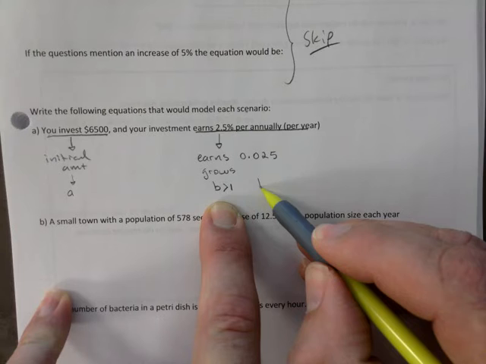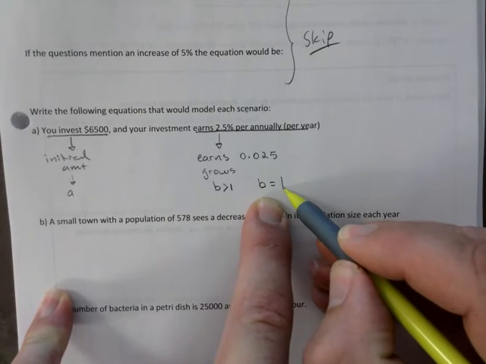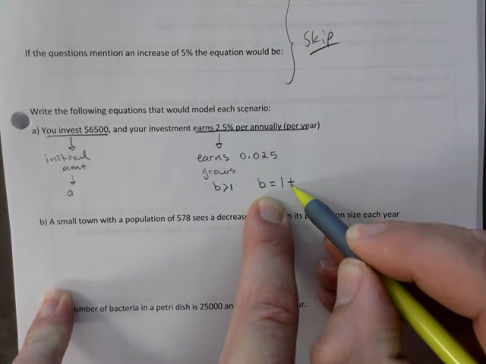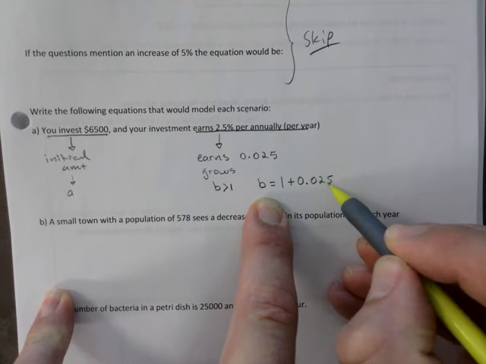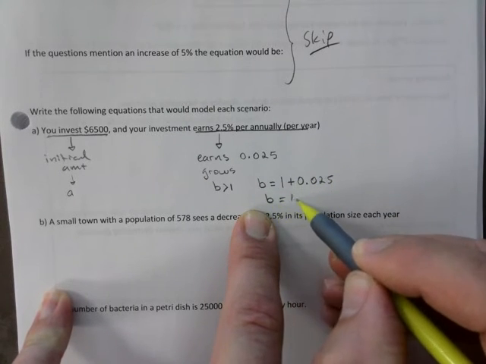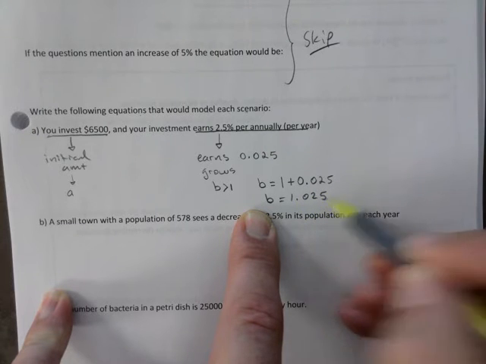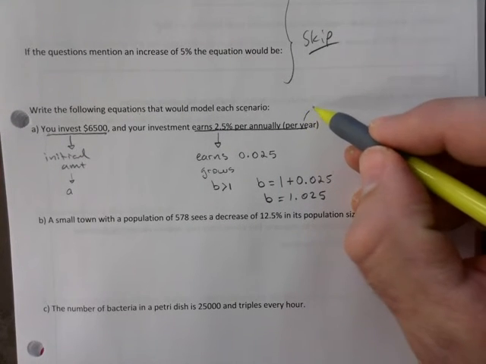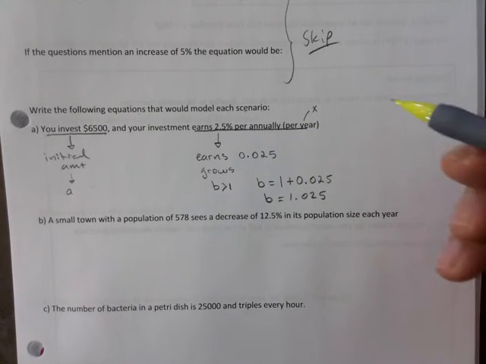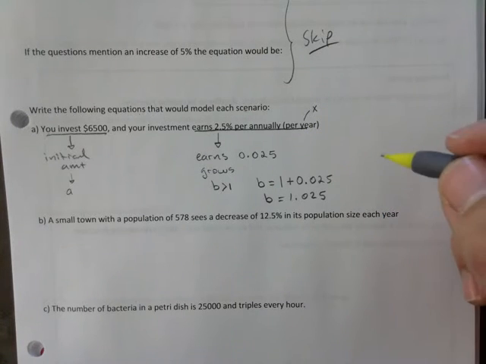So what you do is B is actually going to be 1 plus 0.025, which means that B is 1.025. And per year, that's X, time per year.